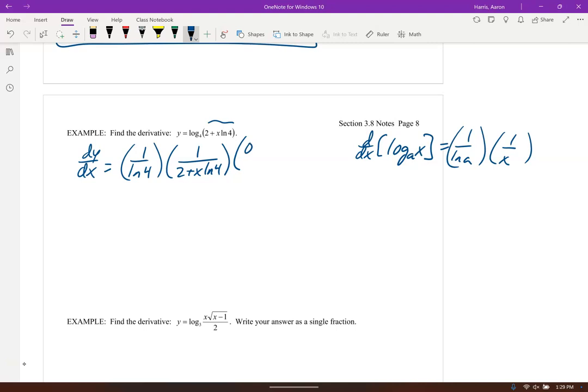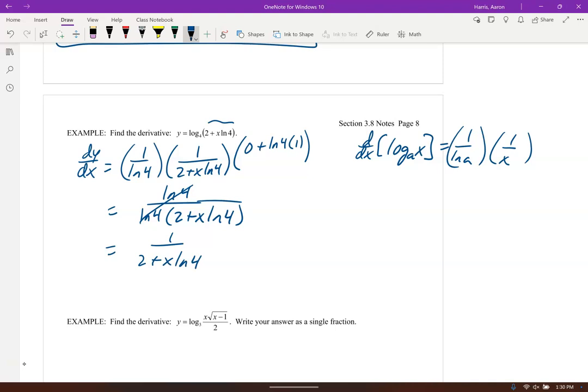Derivative of 2 is 0 plus, the ln of 4 is actually the constant here, and then derivative of x. So 0 plus ln of 4 times 1. And so this just ends up being ln of 4 over ln of 4 times 2 plus x ln of 4. Well, the ln of 4's cancel for us, and we got 1 over 2 plus x ln of 4, and that's our derivative here.